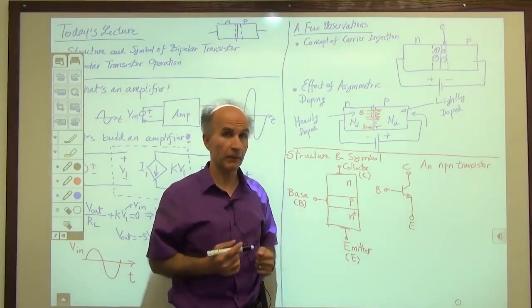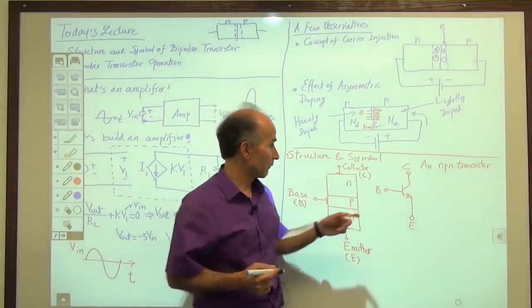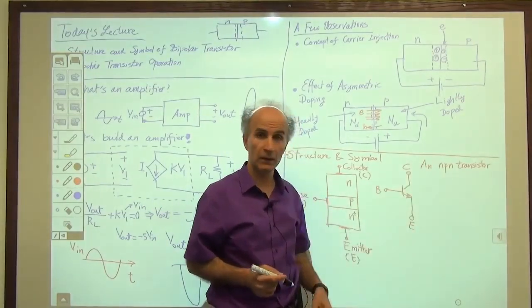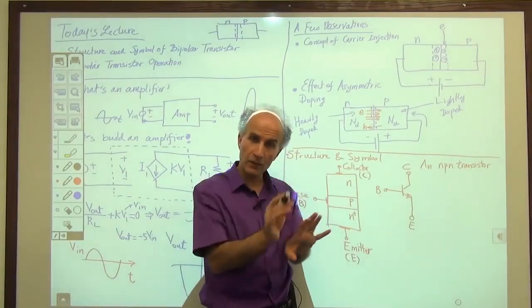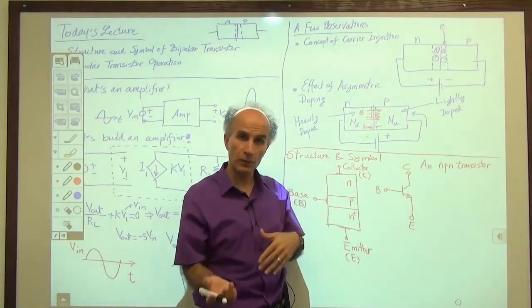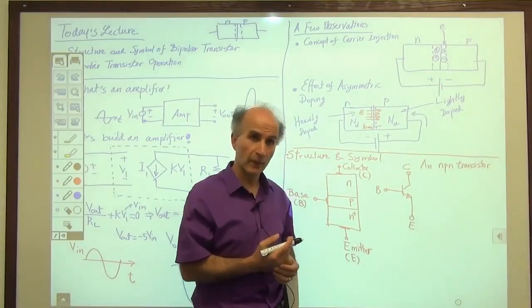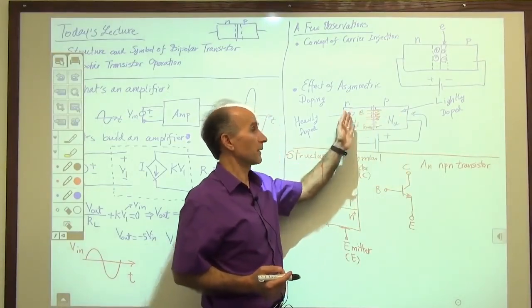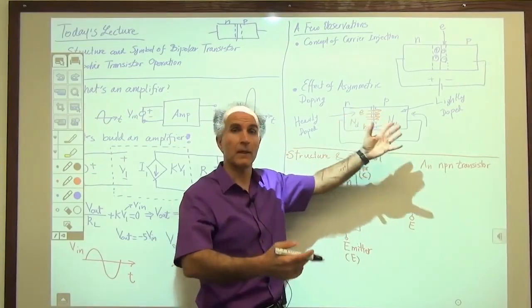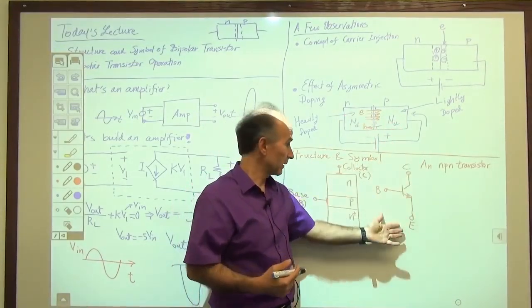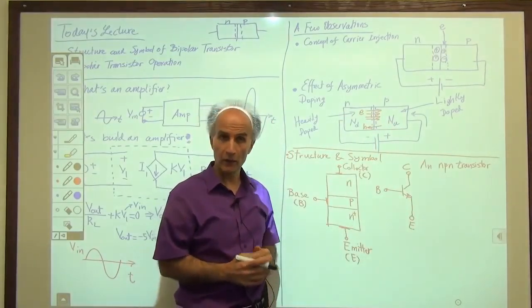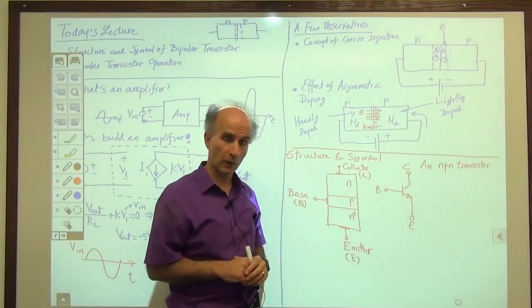So that looks pretty complicated. We can have a voltage from here to here, voltage from here to here, voltage from here to here. There are all possible combinations of voltages. Which one should be positive, which one should be negative? For a diode, we saw that, okay, if this side is more positive than this side, we are in forward bias, and the other way around. But here, my God, what do we do? Okay, no problem. We'll take it one by one.